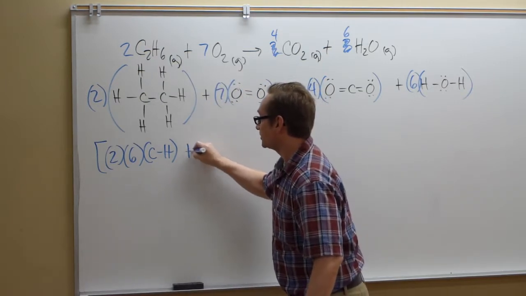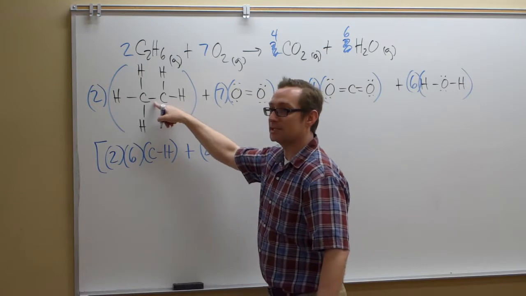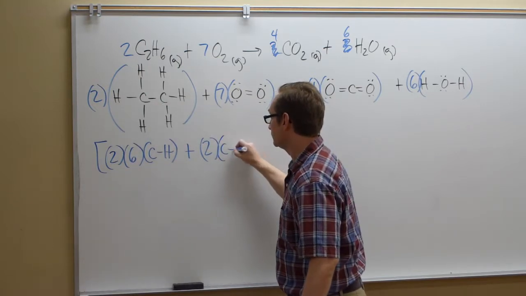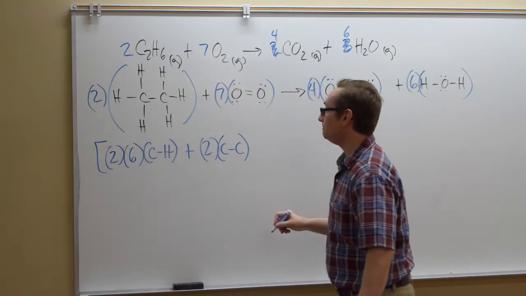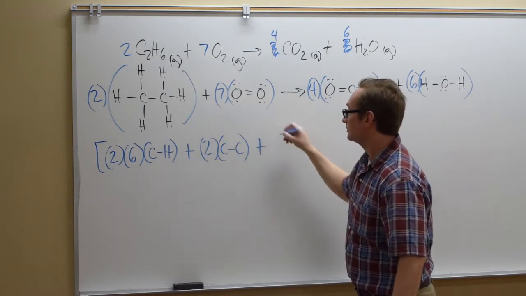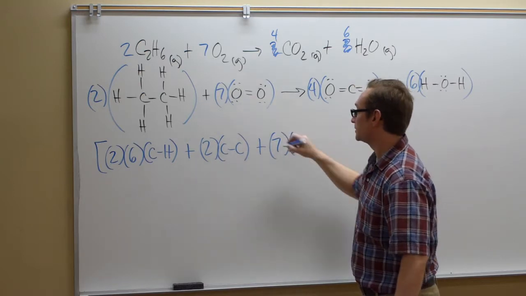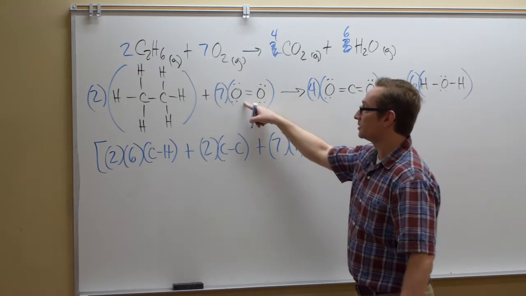And I'm going to add that to 2 times the 1 CC bond in there. And I'm going to also add that to the 7 oxygen bonds. There's only 1 bond per molecule of oxygen.